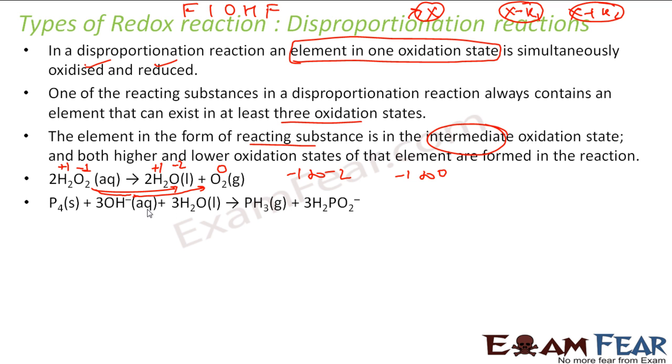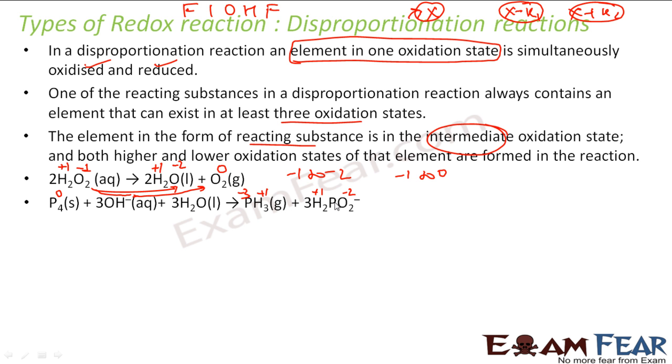P4 plus 3OH- plus H2O gives PH3 plus H2PO2-. So here P4 will have 0 oxidation state, free form. Here in OH-, O will be, anyway, leave it because we are concerned only about the phosphorus oxidation state. In PH3, by rule H will be +1, so P will become -3. In this case, by rule we take oxygen first, then hydrogen.